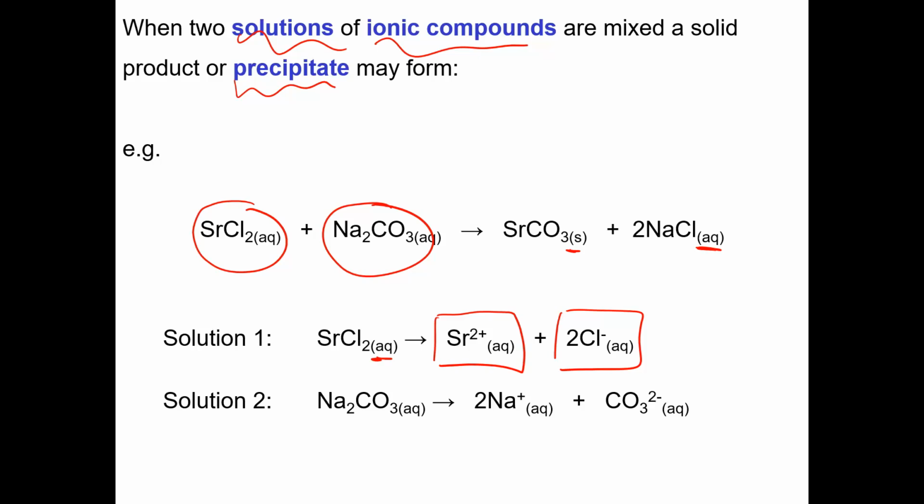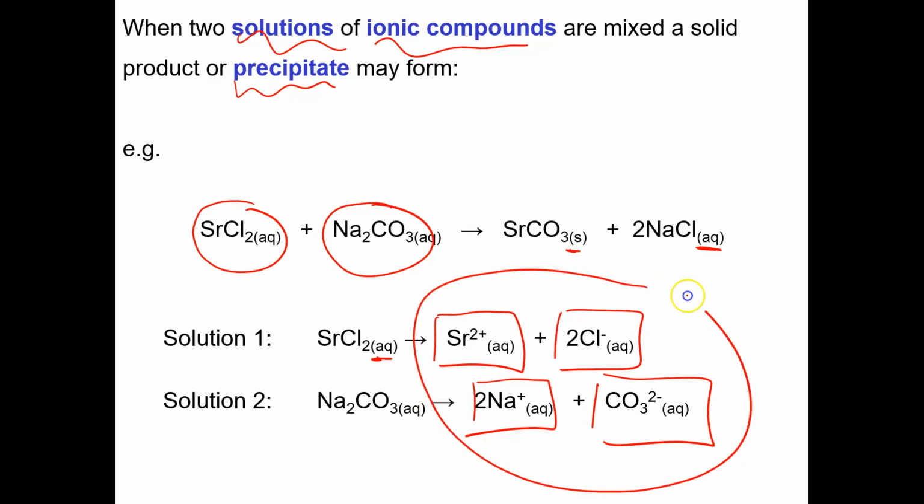So the strontium chloride will dissociate to form strontium 2+ aqueous and chloride Cl- aqueous. The sodium carbonate will dissociate to form sodium ions and carbonate ions in aqueous solution. Now, if we mix these two solutions together, we will have all 4 ions present in the one solution.